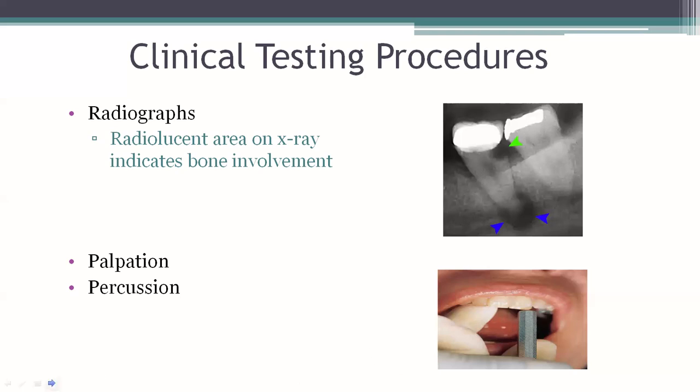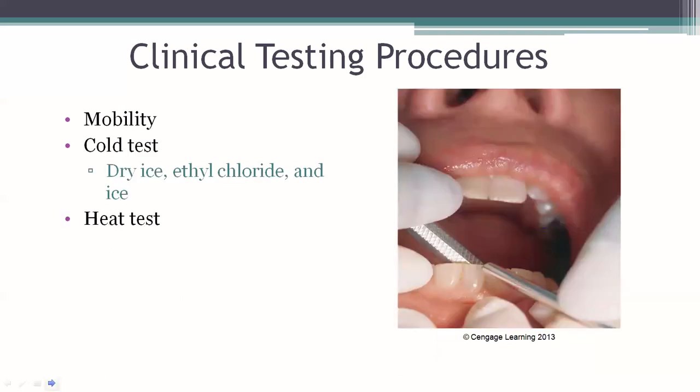In addition to this test, another auxiliary test that we can do is the test of mobility. For this purpose, we are going to handle two instruments, and very gently, we are going to try to move the tooth side to side and see if there's any mobility. The cold test provides very important information as well.